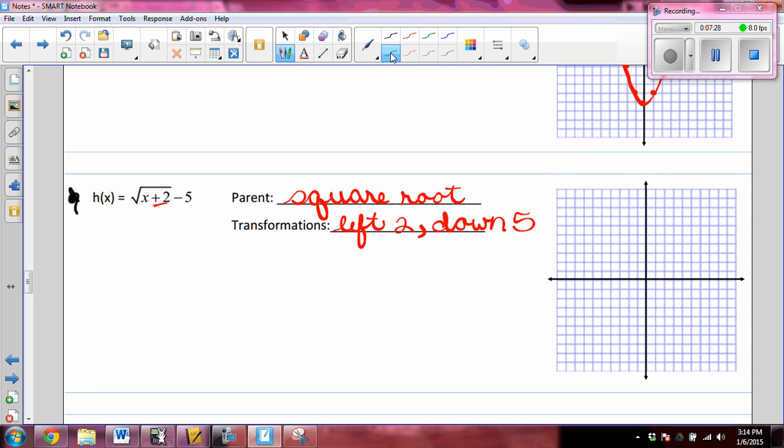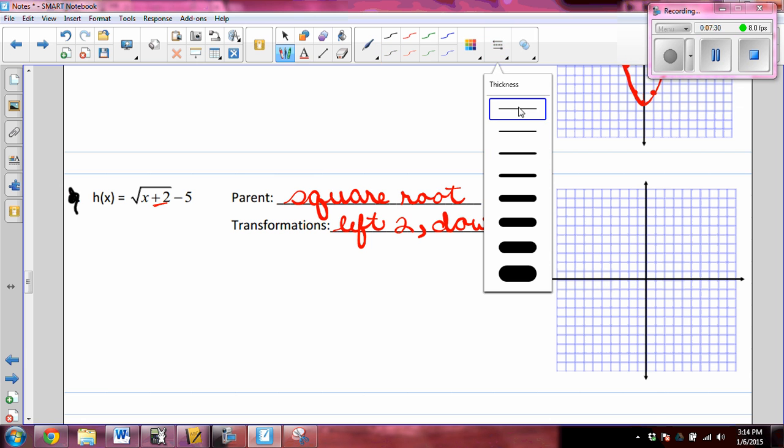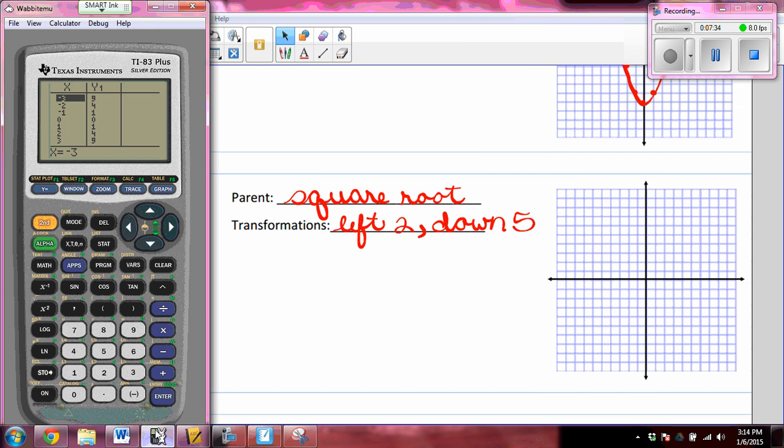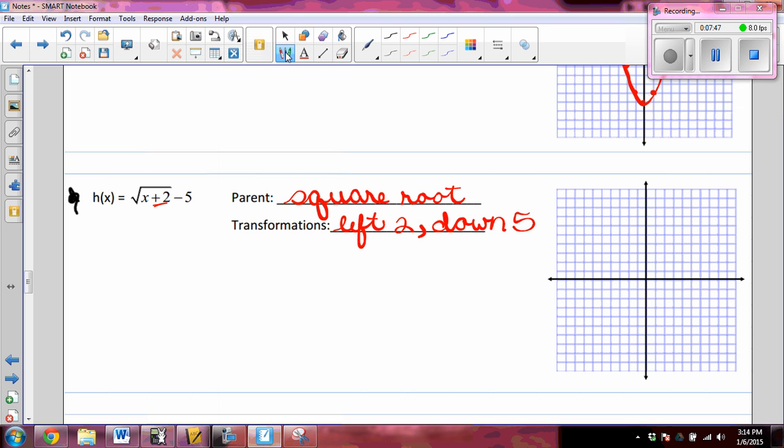So now I'm going to graph my parent function first. So I go back to my calculator, y equals, clear out what's in there, and I'm going to graph the square root of x and get some points. I have 0, 0.